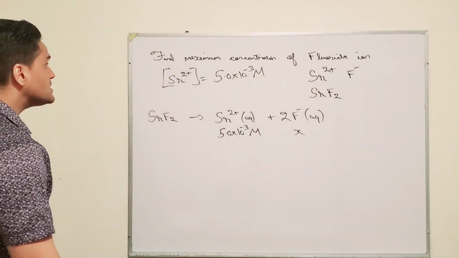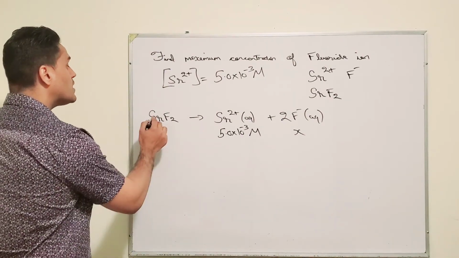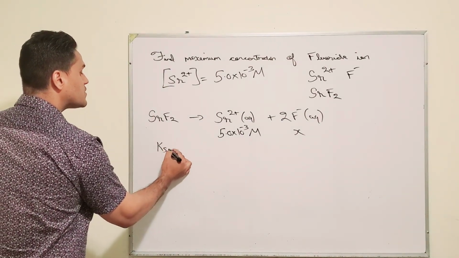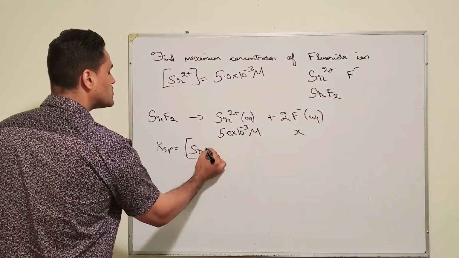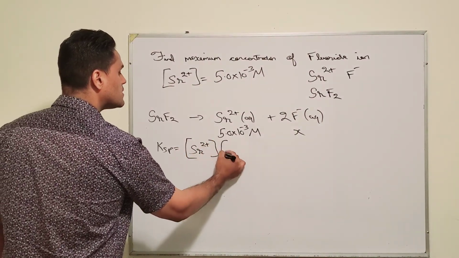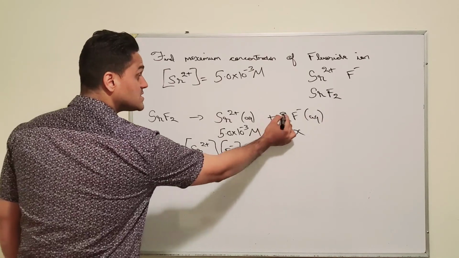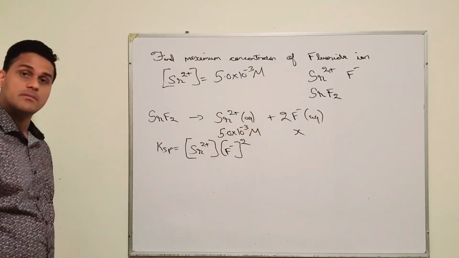Okay? Now guys, what we're going to do is write the Ksp expression for this. The Ksp expression for this is just going to be Sr2+ times F-. There's a 2 in front, so we're going to put that 2 in the power.